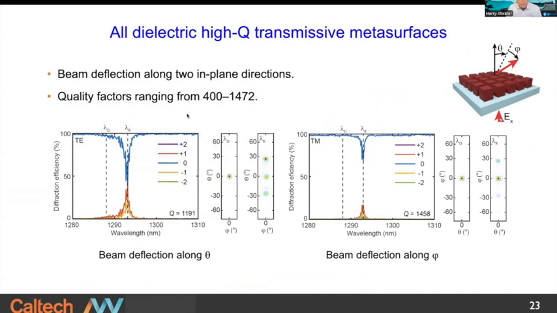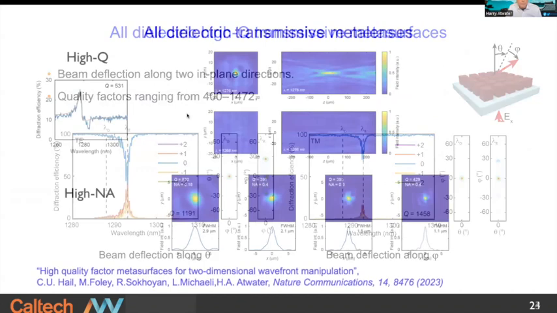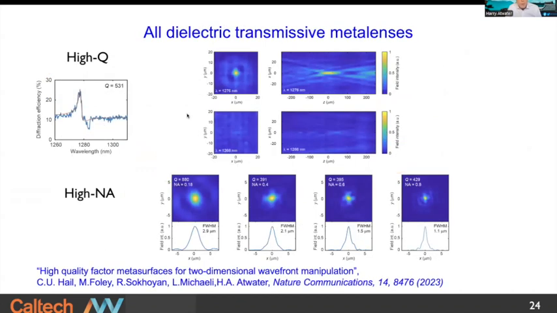And that's important because that allows us to, in principle, steer in 2 dimensions. These types of designs allow for simultaneously achieving high quality factor and relatively high numerical aperture. That allows us to make meta lenses that are, in principle, reconfigurable with index modulation that have high quality factor.